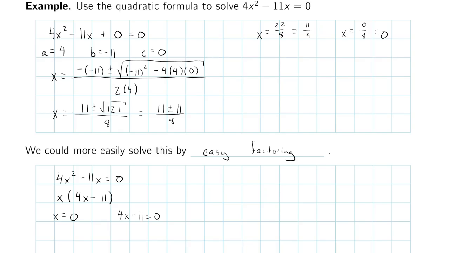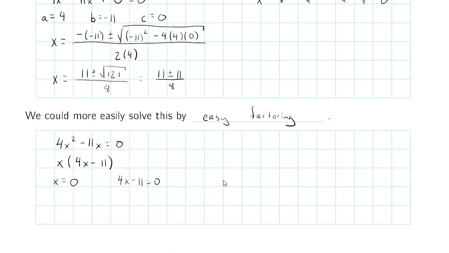Solving the second one, 4x equals 11, x equals 11/4. So it's not just the case that we could solve this quadratic equation by factoring. We could solve it by really, really easy factoring, right? Just factoring out the common x.